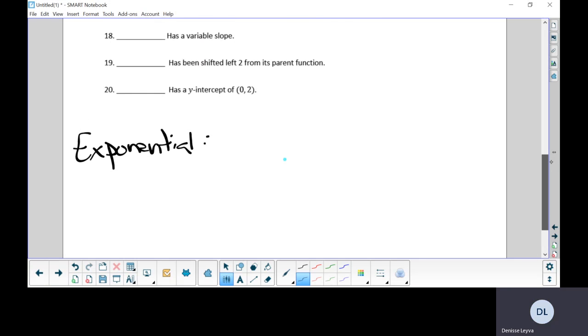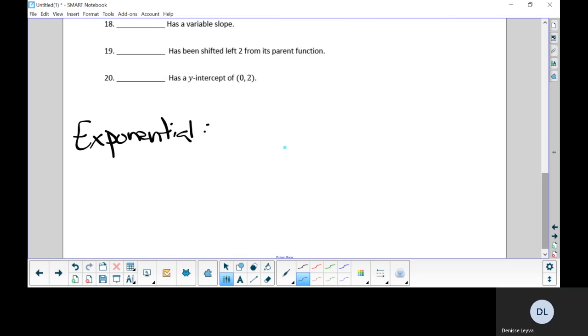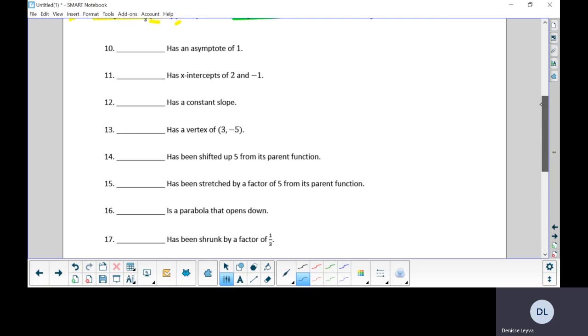So if we look for anything such as the asymptote, that's just for exponential functions. That's the main thing.